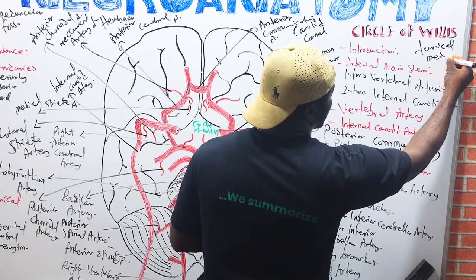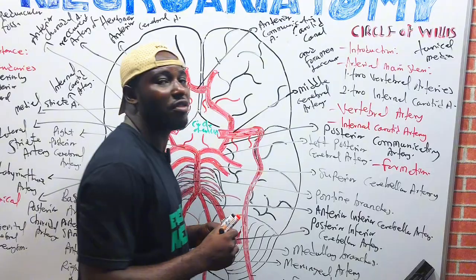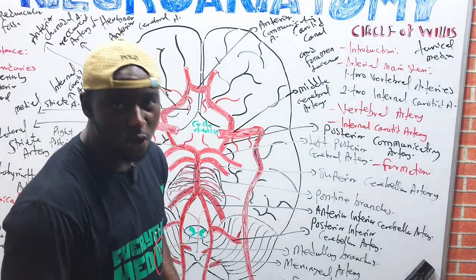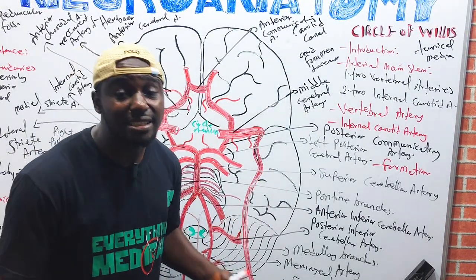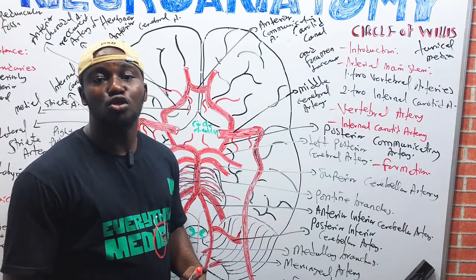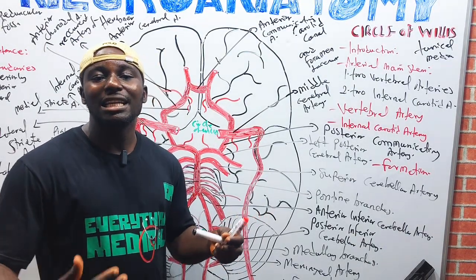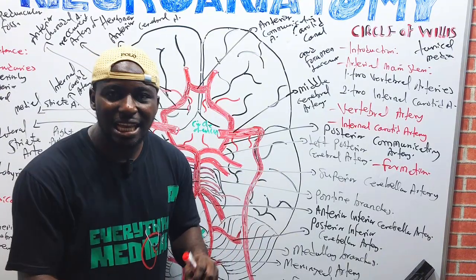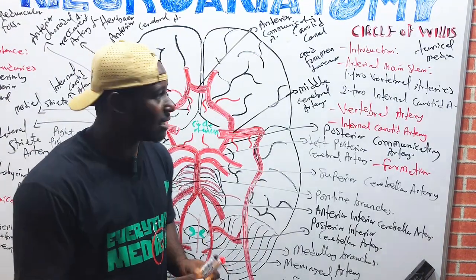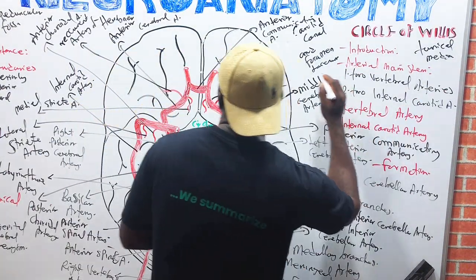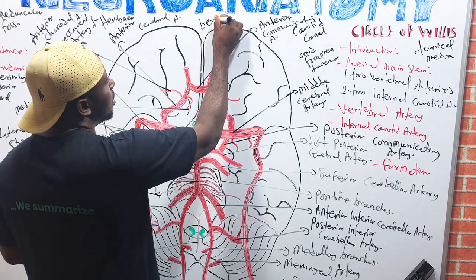The tunica media is an elastic tissue found in the blood vessel wall. When it is not present, the vessel loosens its strength, thereby being vulnerable to aneurysm. And when it is aneurysmal, it presents a berry appearance.